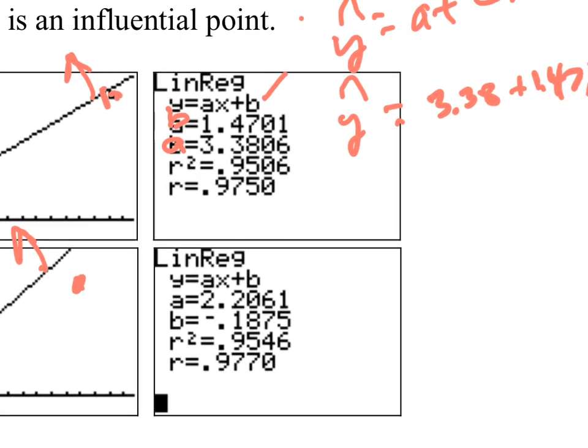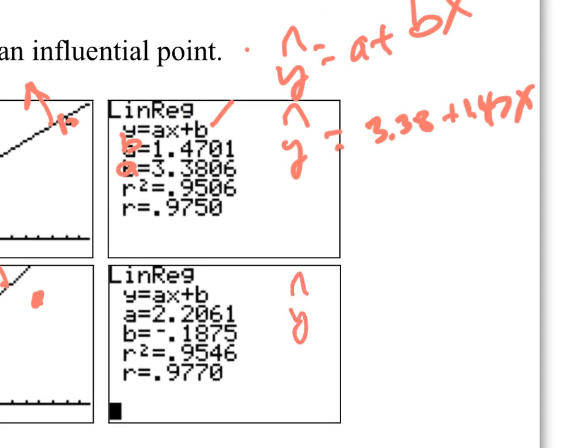So let's see what happened. Y hat, remember, this is really my B, and this is really my A because he's using the wrong one. So y hat equals, now it's a negative 0.1875 plus 2.20x.